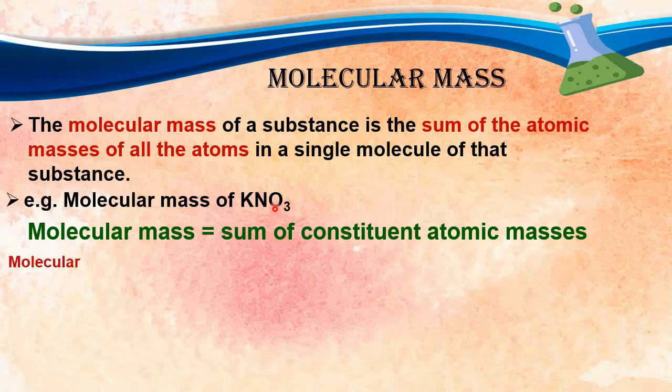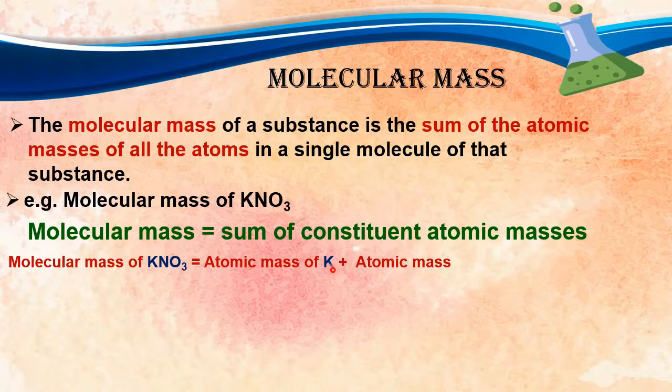So, we write molecular mass of KNO3 is equal to atomic mass of potassium, that is K, plus atomic mass of nitrogen, that is N, plus atomic mass of oxygen multiplied by 3. Here we have to multiply the atomic mass of oxygen by 3 because there are 3 oxygen atoms in the molecule of KNO3.